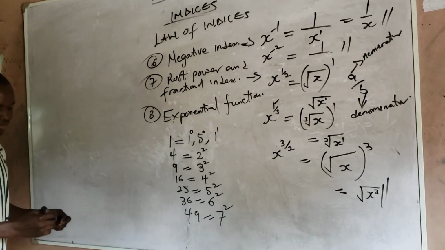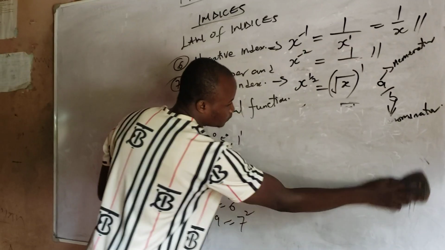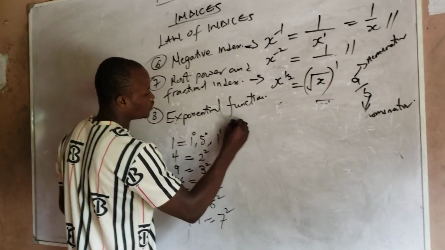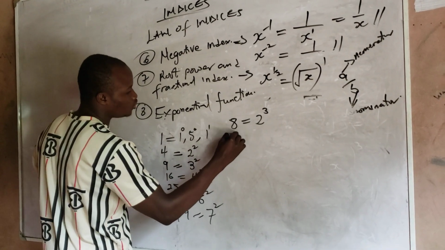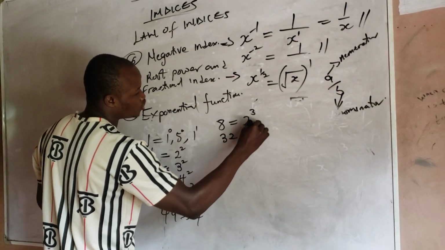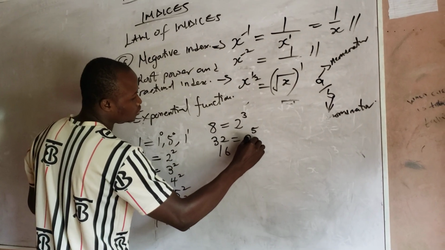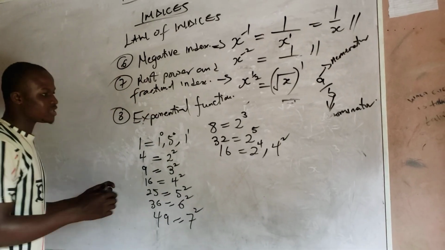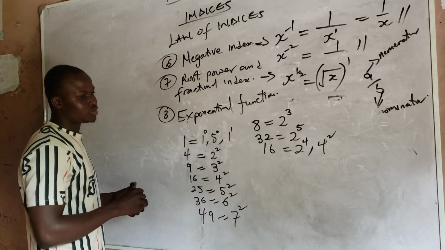Also, let me give you the common ones that they do ask very well. They do ask 8, which is 2 raised to the power 3. So take note of that. They do ask 32, which is 2 raised to the power 5. 16, which is 2 raised to the power 4, or 4 raised to the power of 2. So they do ask this. Please take note of that.